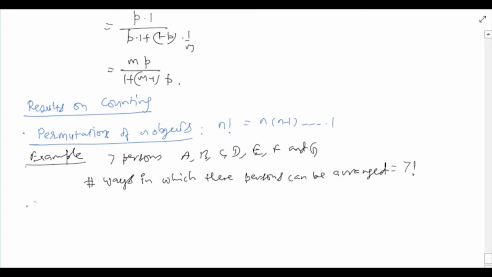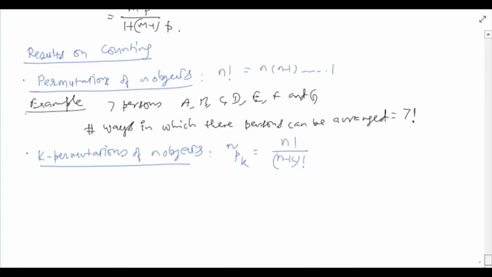The next result is on k permutations of n objects. These are denoted by symbol nPk, and this equals factorial n divided by factorial n minus k.